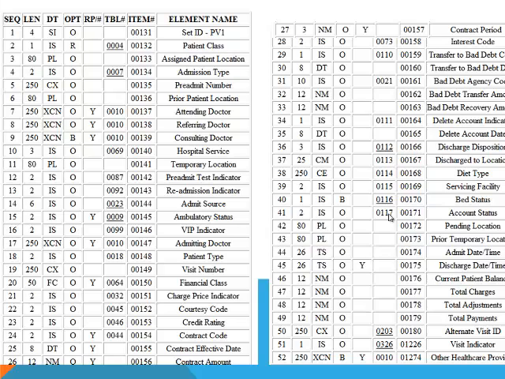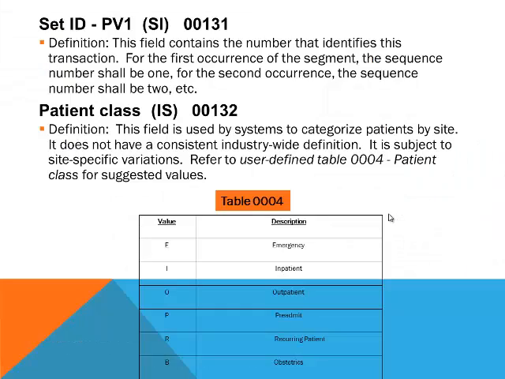I will just explain some items which are used often. The first thing we talk about is the set ID field. This field contains the number that is used to identify this transaction, the same as for other segments.